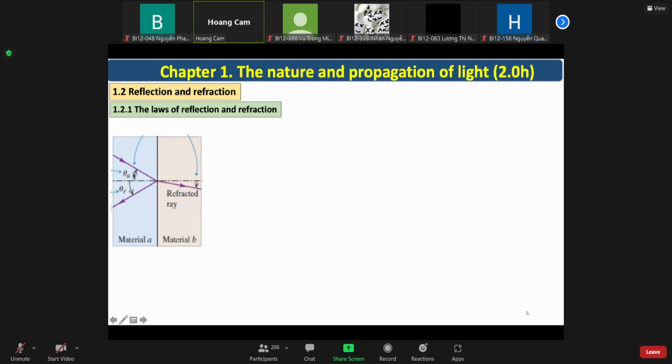You see here. And the relationship between the two angles, the angle of incidence and the angle of reflection, should be equal to each other, is what you know, right? And for the refracted ray here, it will depend on the relationship between the refractive index of material A and the refractive index of material B.